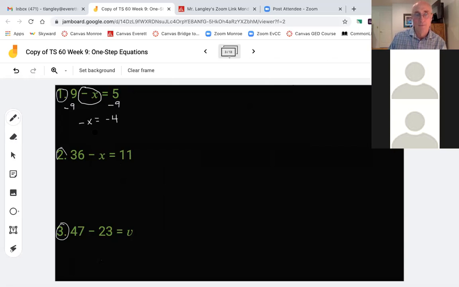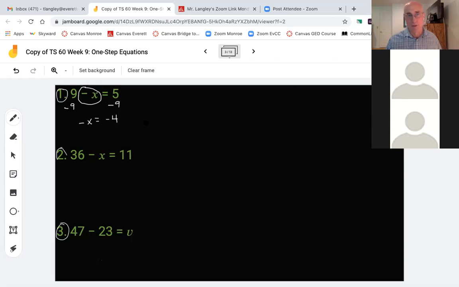So now what you don't want to have in math, in algebra, is a negative variable or a negative x if you can avoid it. So in fact, the way we would turn this into a positive x, and this is why it's more than one step, just to be honest with you.